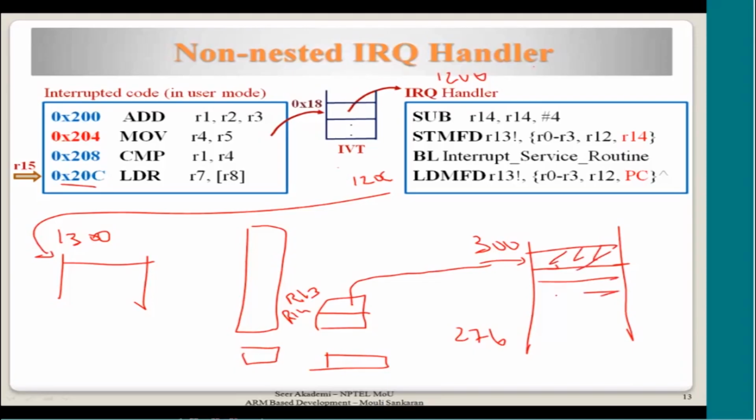I think it's a good recap for you. Now how many have I given? 1, 2, 3, 4, 5, 6. So R0 comes here, R1 here, R2 here, R3 here, R12, and R14. Now tell me what is the value here?